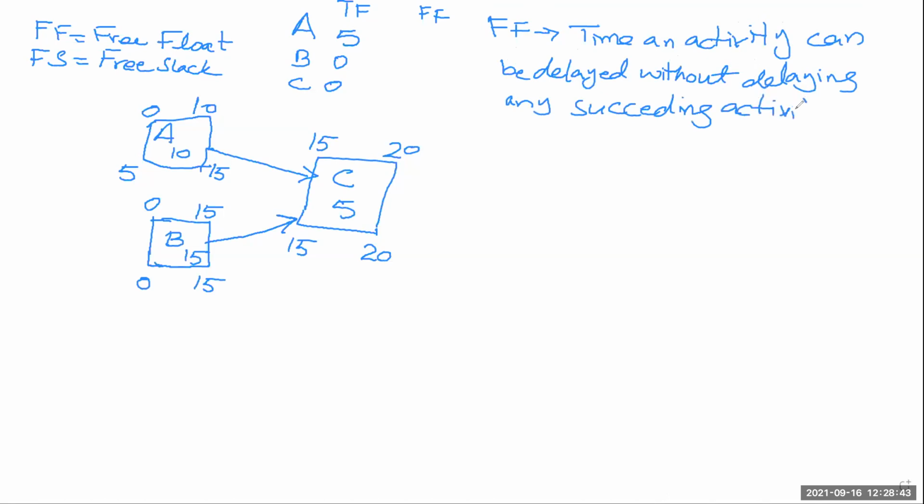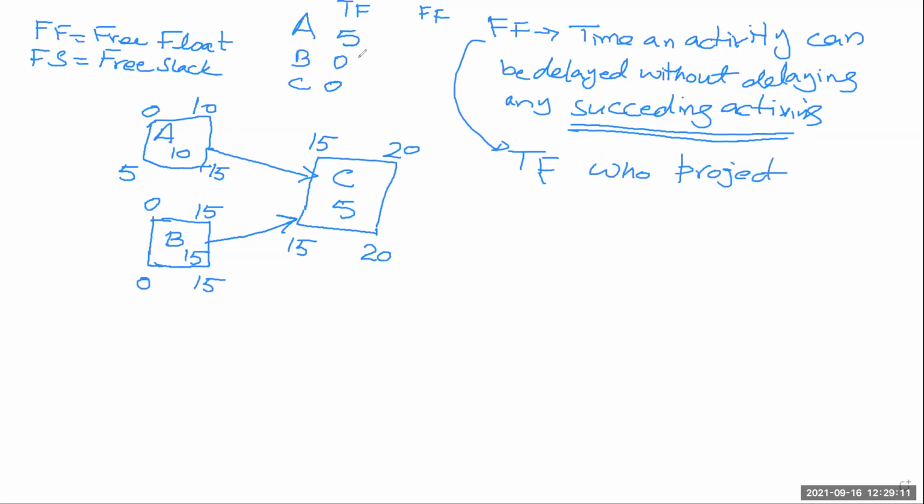Remember that we are talking about the succeeding activity, whereas the total float is the time an activity can be delayed without delaying the whole project. So for the total float, the word succeeding is replaced by the whole project. Okay. So this is the definition.